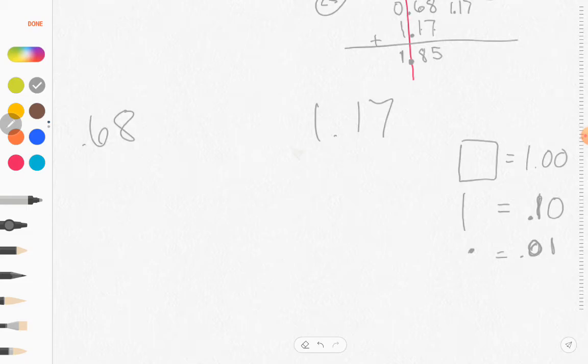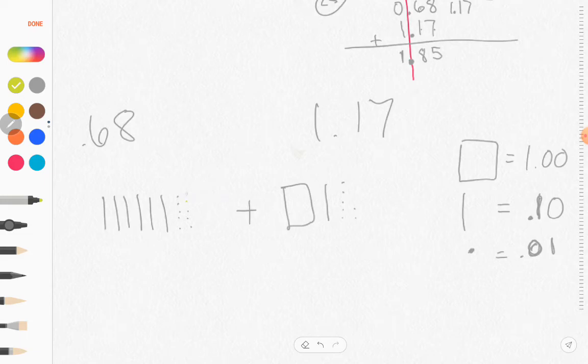Okay, so if you wanted to draw this out, you're going to have 1 square, you're going to have 1/10, and you're going to have 7 dots. And we're going to add that to 0 ones, but you're going to have 6 rods, and then you're going to have 8 singles or 8 hundredths or 8 cents.